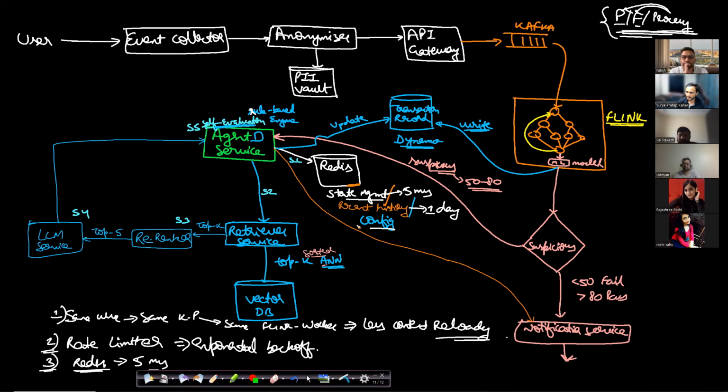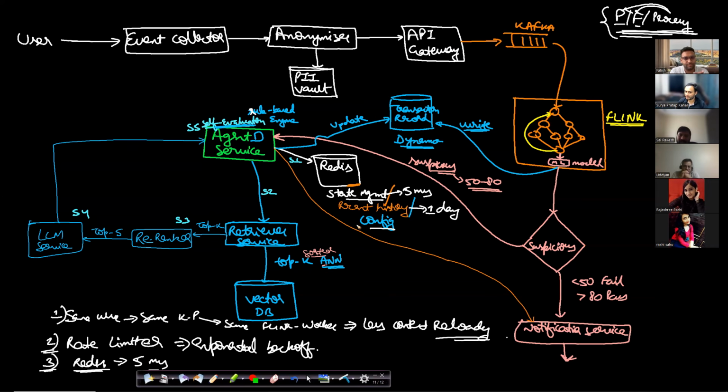Okay. Now you think about one major flaw in this design. One major flaw is the vector DB is not getting updated. Who is updating the vector DB? Nobody is updating the vector DB, right? I'm just assuming it gets updated, but somebody has to update it.